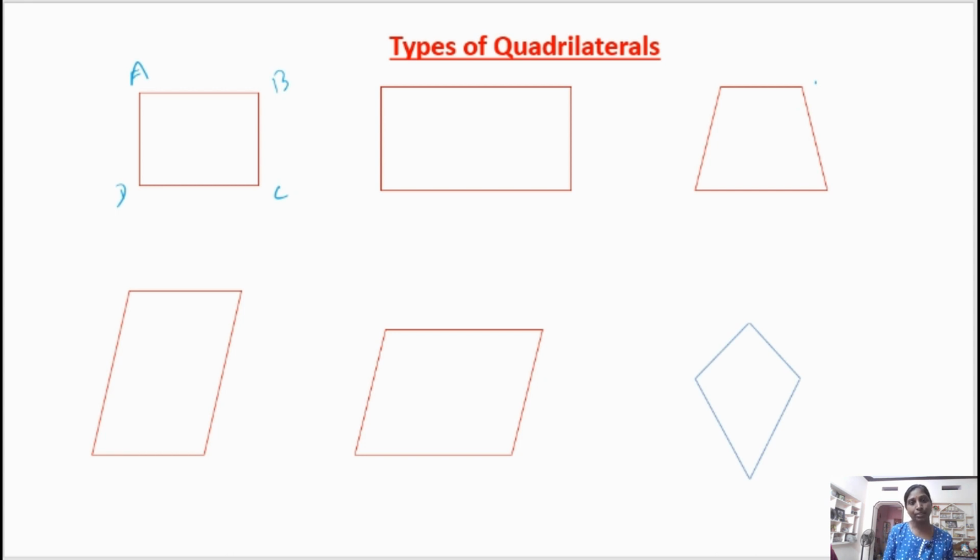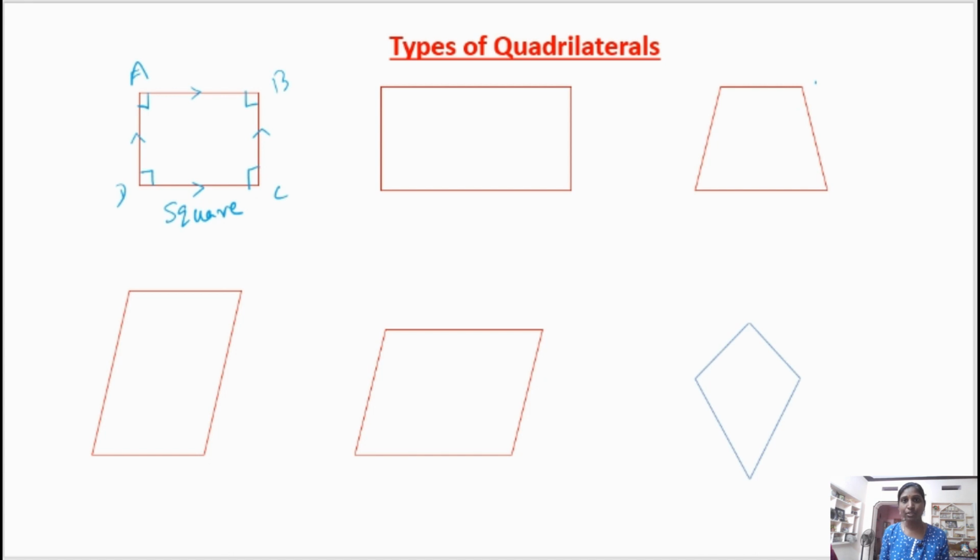Here you can see that AB and DC are parallel and equal, and AD and BC are parallel and equal. Each angle is equal to 90 degrees. This special quadrilateral is called a square. Now, let's move to the next figure.